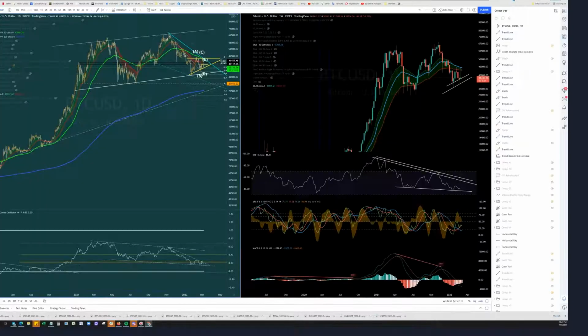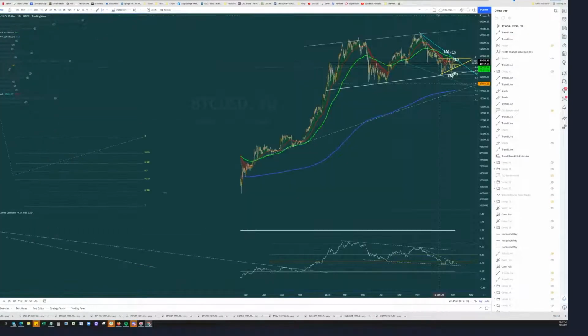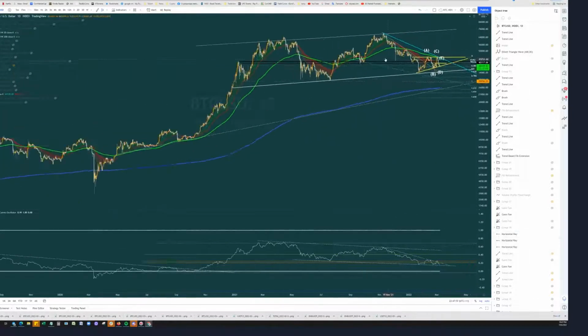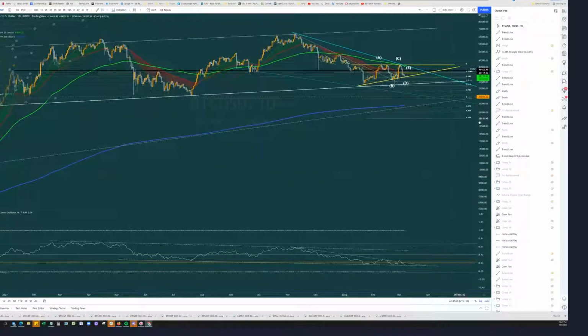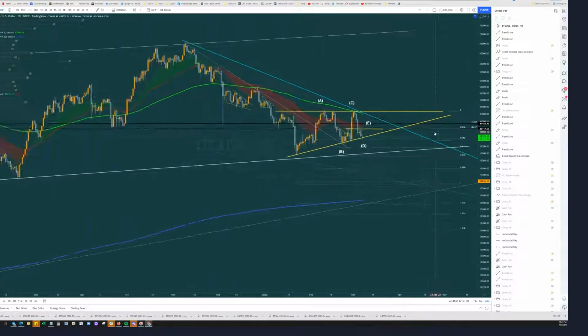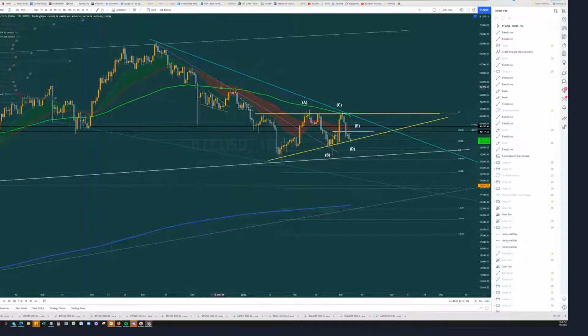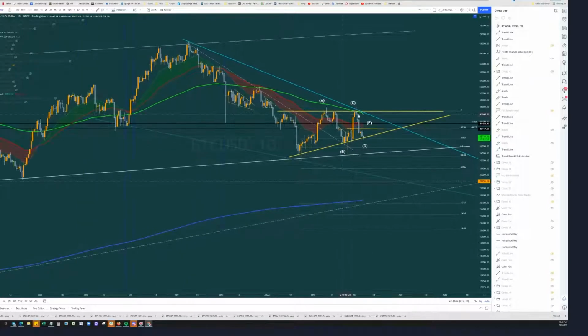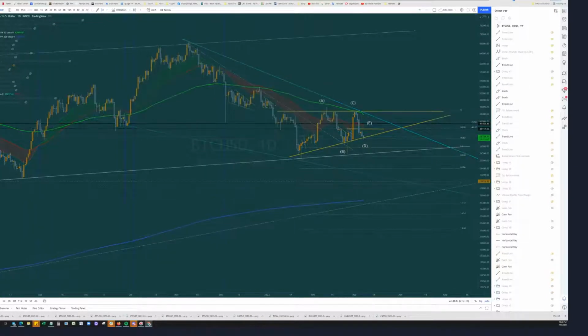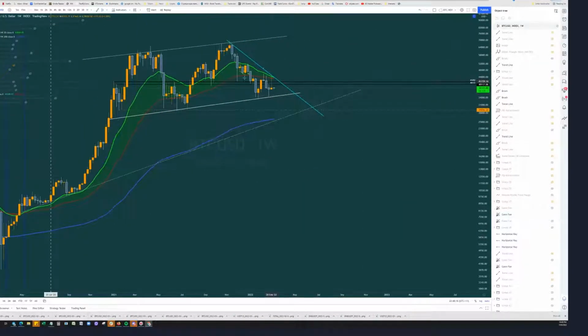With the other charts, we can look at where the resistance is coming from. If we look at this, you can see this green line, which is the daily 200 moving average. It was perfectly acting as resistance. It's also the 20 weekly moving average. So if we go to the weekly, you'll see that the 20 moving average, I think it's a 50 actually, could be the 50.